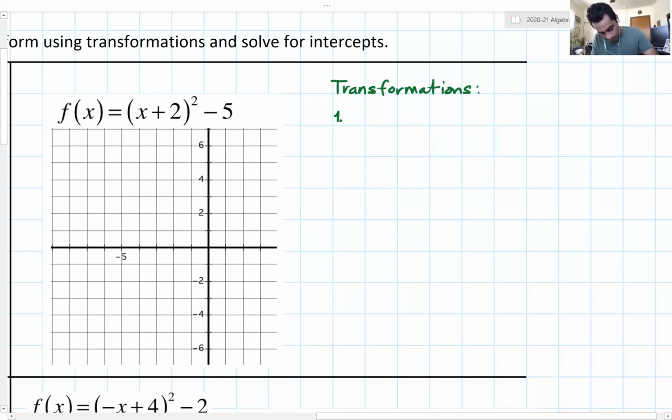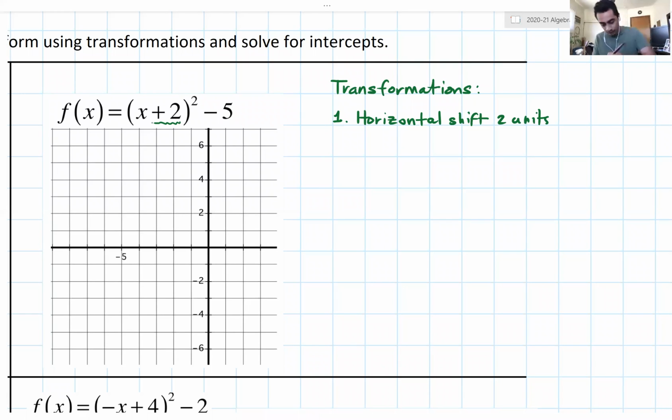Okay, so that's a good place to start. Horizontal shift, 2 units. And remember, it's always the opposite, right? So if you see a +2, you have to think, okay, it's actually not +2, it's -2, left 2, right? So 2 units to the left.